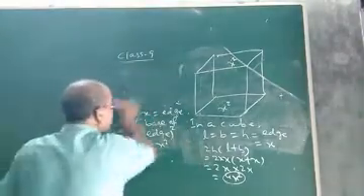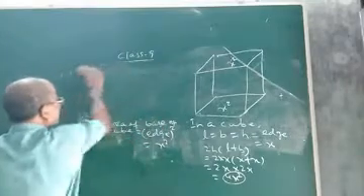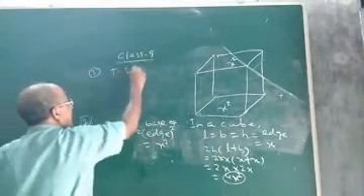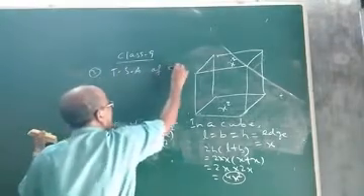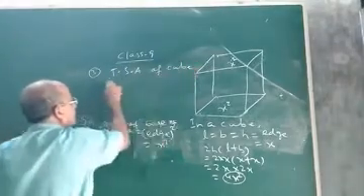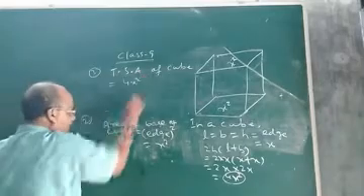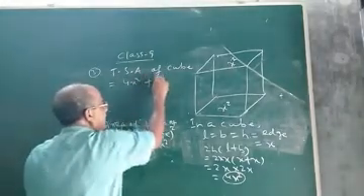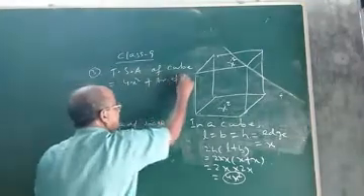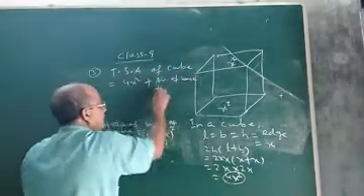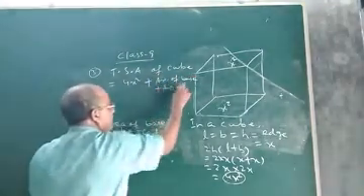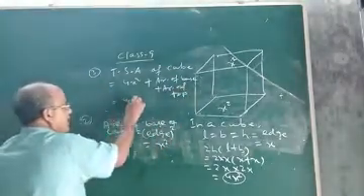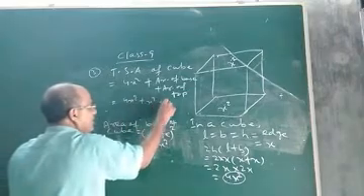So how can we calculate the total surface area, TSA, of cube? It will be the lateral surface area, that is 4x square, plus area of base plus area of top. So this is 4x square plus x square plus x square.